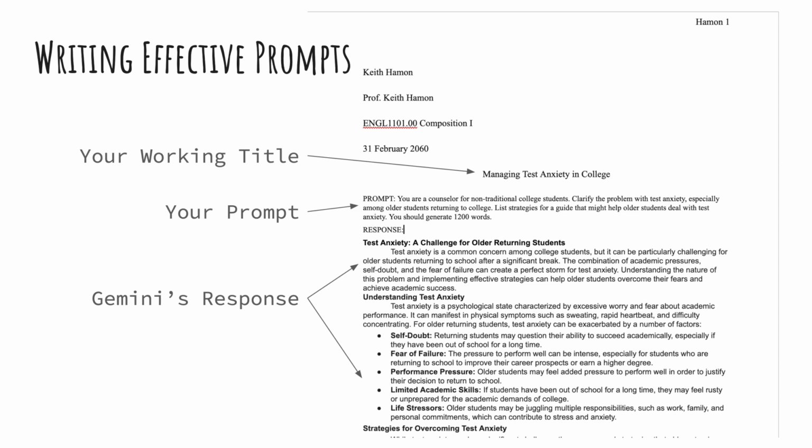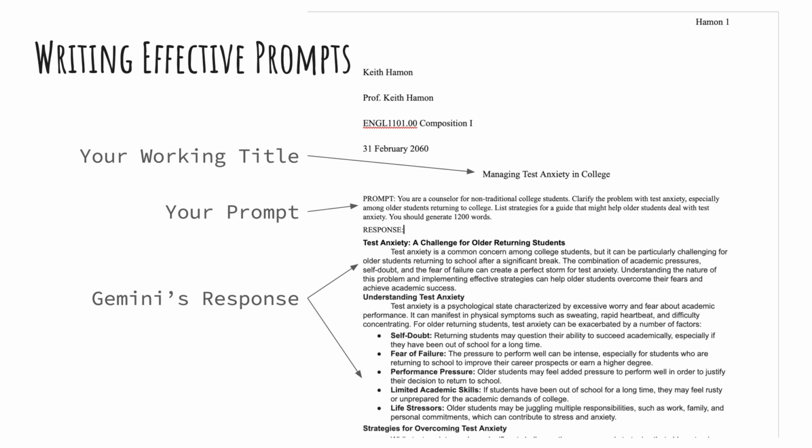Now, notice all of the context that I'm giving Gemini that helps it return a really superior response. I'm telling it I want to deal with non-traditional college students. Why? Because that's my reader. That's who I'm going to write to. And I've given it the topic, test anxiety.